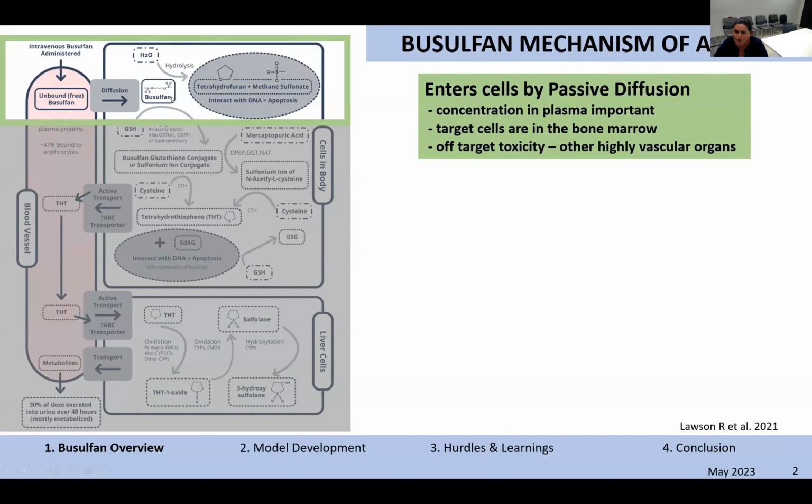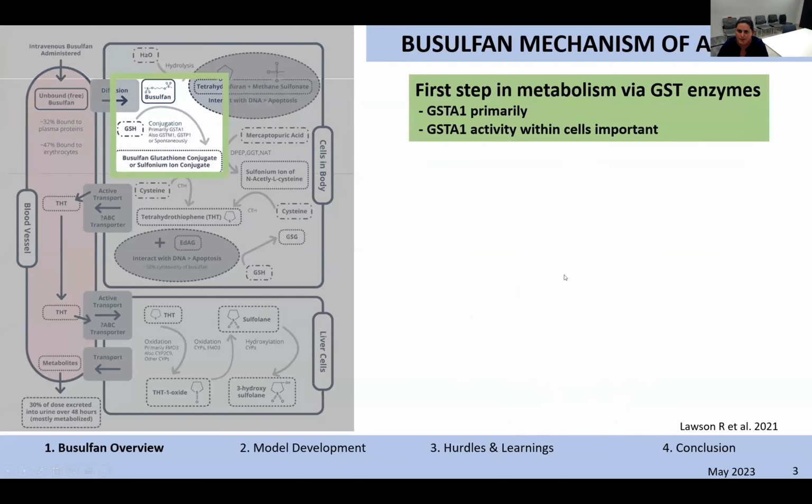The target cells are in the bone marrow, and thankfully this is a highly vascular organ, but unfortunately other highly vascular organs, like lungs, brain, and liver, experience some off-target toxicity. The first step in busulfan metabolism is conjugation with glutathione, primarily via GSTA1, but some of the other GST enzymes can also help.